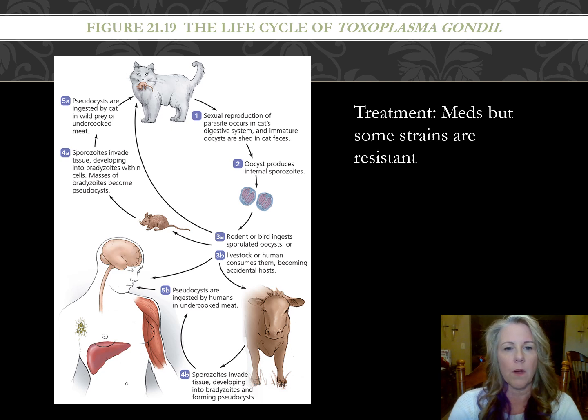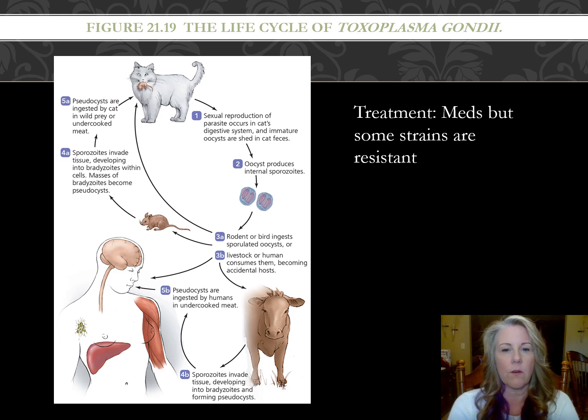So if we look at number 1 on the right side of that little kitty cat up there, sexual reproduction of the parasite occurs in the cat's digestive system, and immature oocysts are shed in the cat feces. So that's just the cyst that we were talking about. An oocyst produces internal sporozoites. That's just the type in the life cycle.